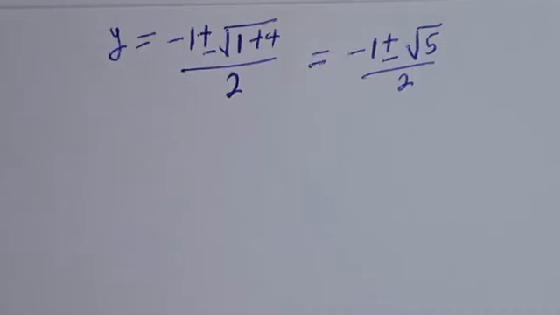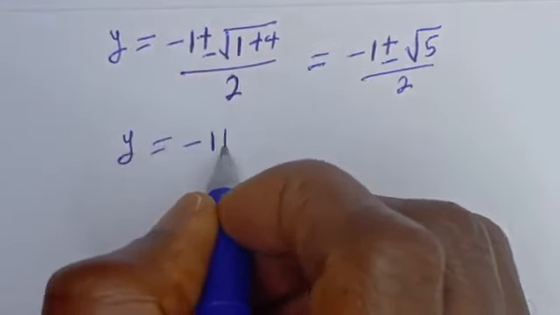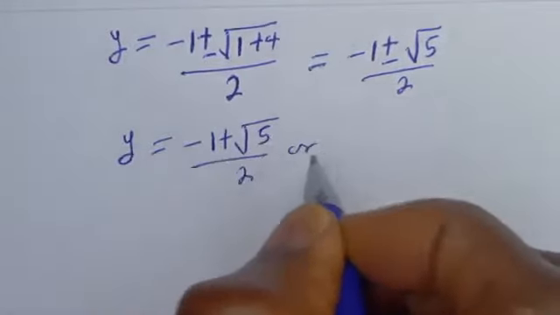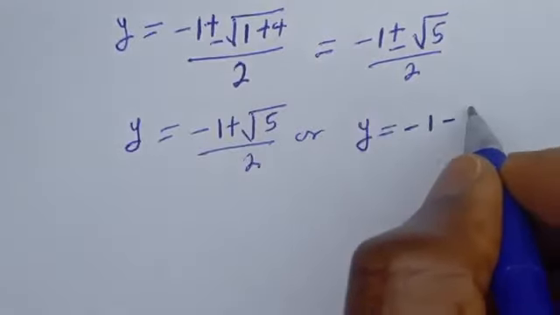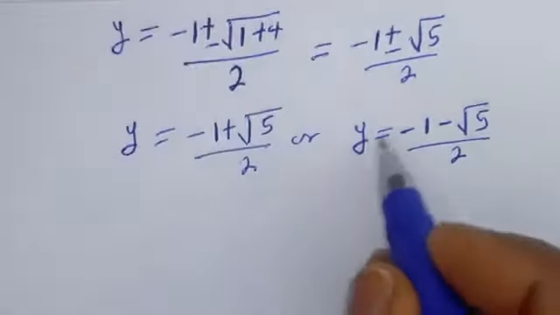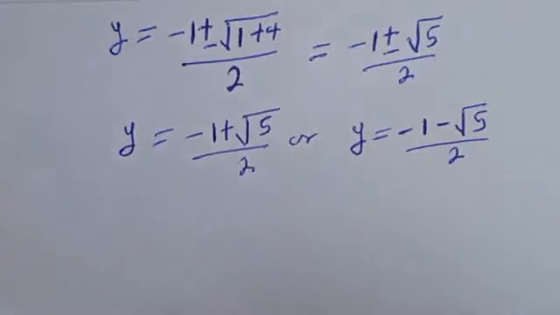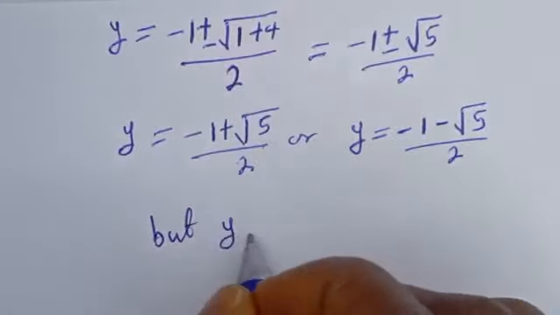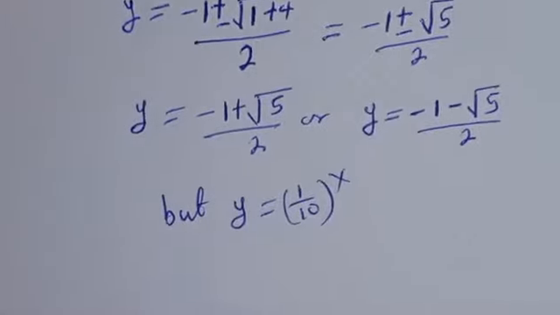Therefore, y is equal to minus 1 plus square root of 5 over 2, or y is equal to minus 1 minus square root of 5 over 2. Then if you look at this from here, this is positive and this is positive. This is okay. But y is equal to 1 over 10 to the power of x. So let's substitute.